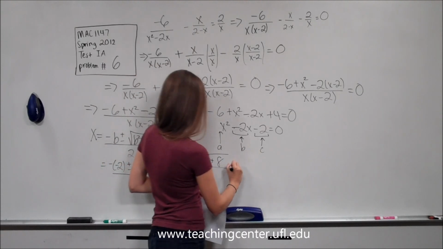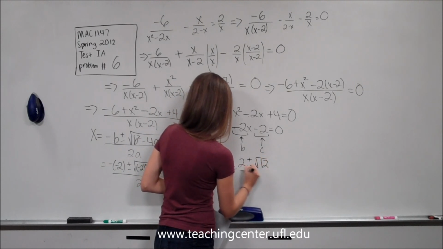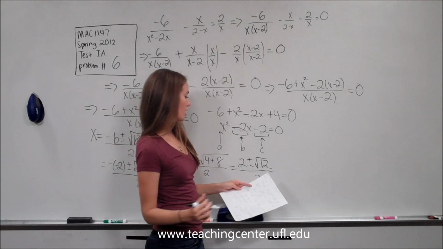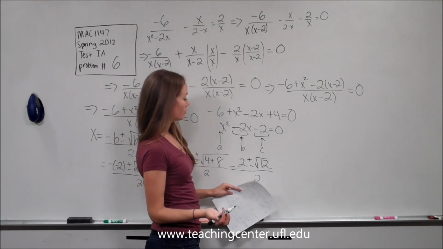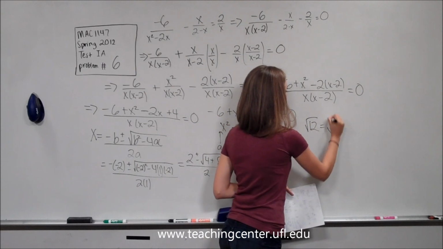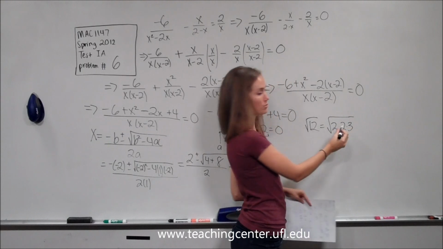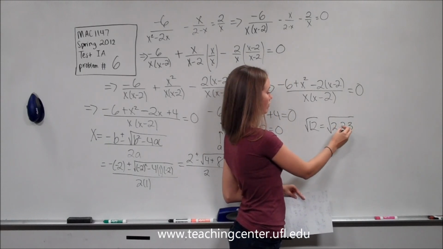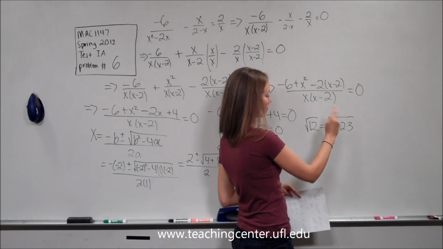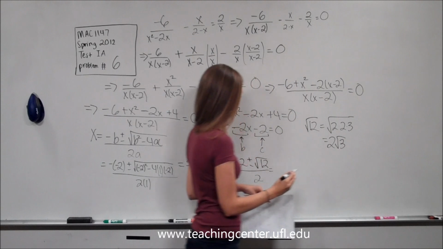Okay, and so now we have 2 plus or minus the square root of 12 all over 2, which we can simplify because the square root of 12 is equal to the square root of 2 times 2 times 3, right? Because 2 times 2 is 4, 4 times 3 is 12. And so then we can just bring these two 2's outside of our square root, and so it's equal to 2 square root of 3.